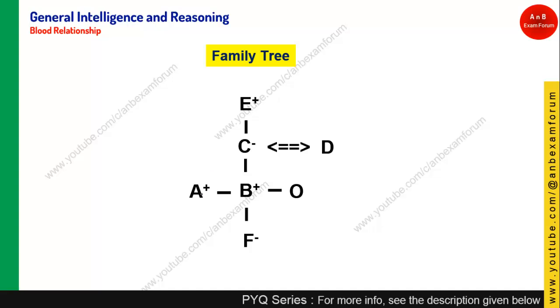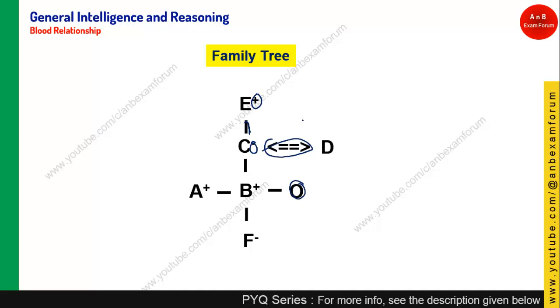So here A, B, C, D, E, F, O, all these are persons. There are certain symbols which we are using, like characters, some plus, some minus, some horizontal lines, vertical lines, and O. Some characters don't have any symbols.